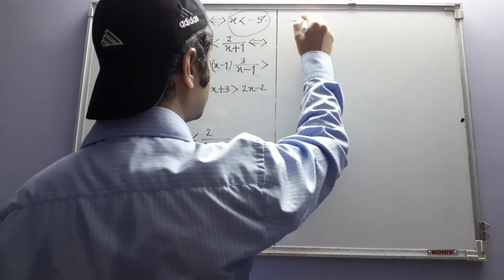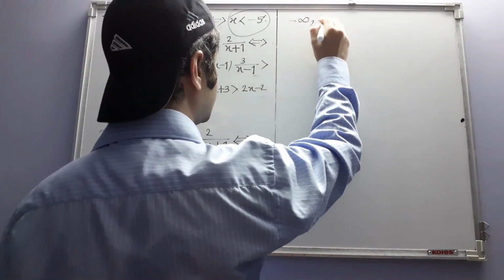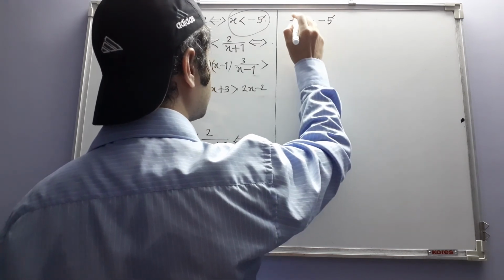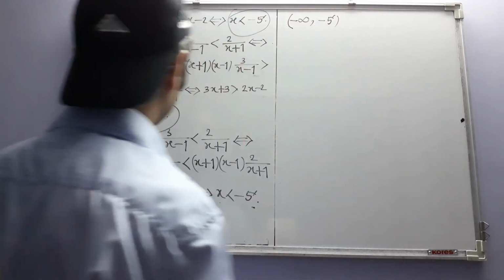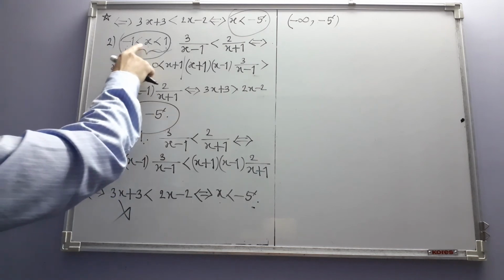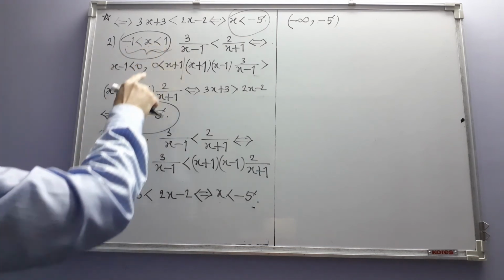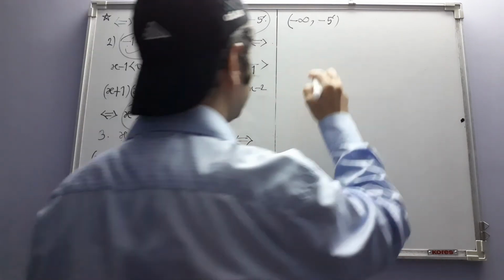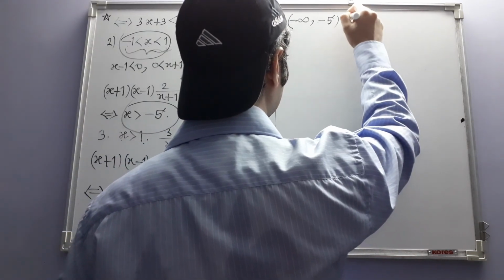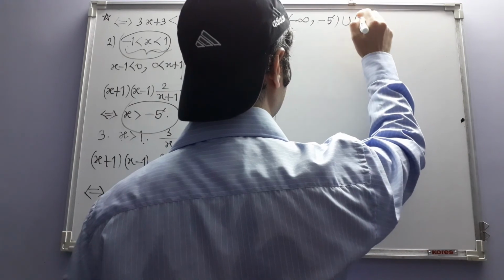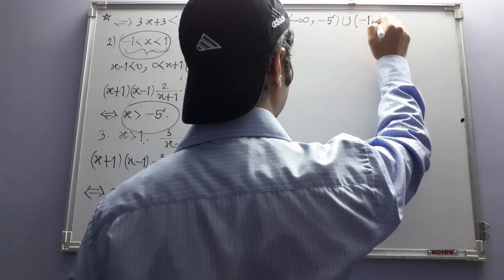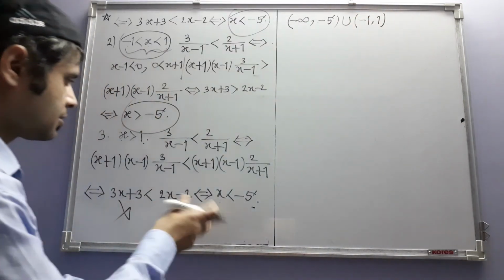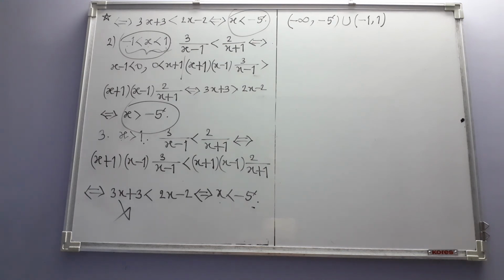That means minus infinity comma minus 5. Okay. If x lies in this interval, then x has to be greater than minus 5, which anyway is true. Union minus 1 comma 1, and the other case, of course, does not occur at all.